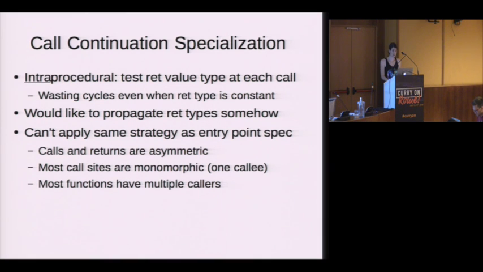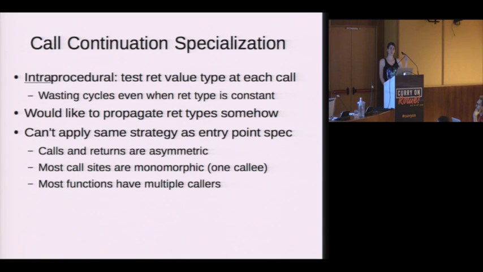On top of this, we also wanted to try to pass back information about return types. So when you're returning a value and you know its type in the callee, it would be nice if you could pass the return value type back to the caller, so that the caller doesn't have to recheck the type of the return value that you knew in the callee. But this is a little tricky because you can't apply the same strategy as entry point versioning.